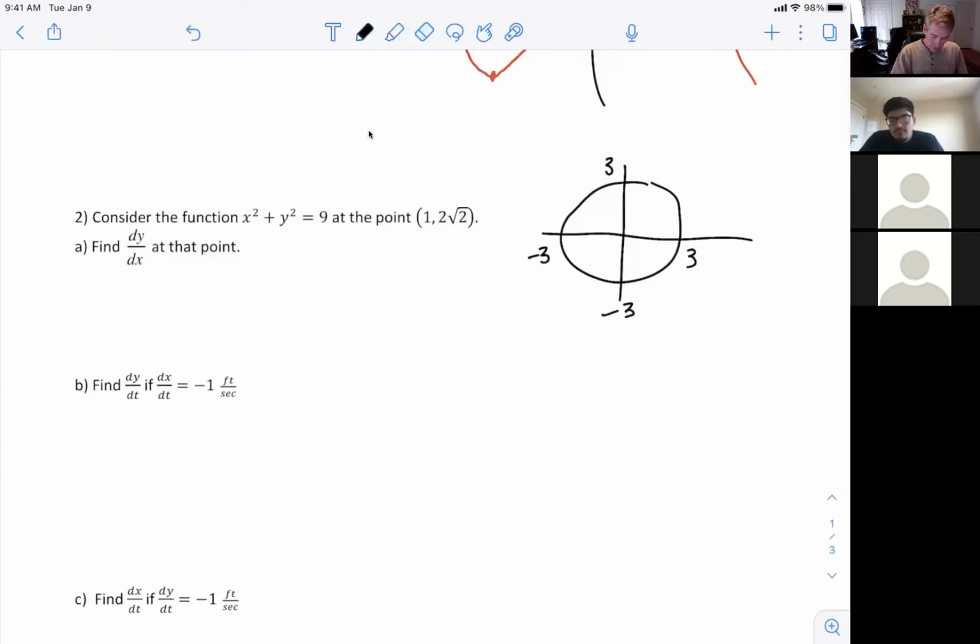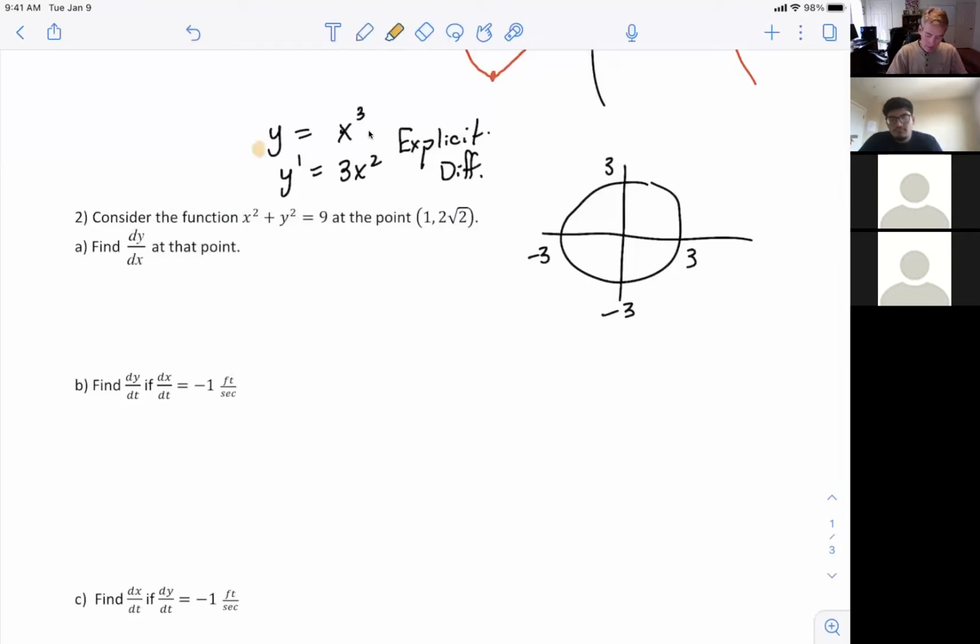First find dy/dx. Now there's a couple of ways to do this. If you use the idea that you usually have a function that goes y equals whatever, x to the third, and then y prime equals 3x squared, that's called explicit differentiation.